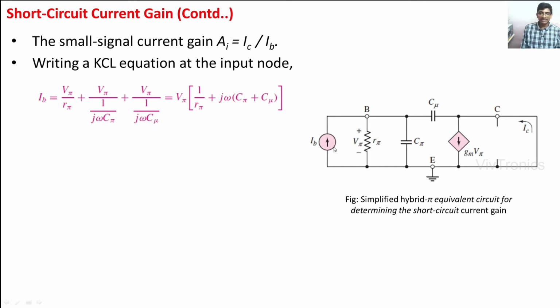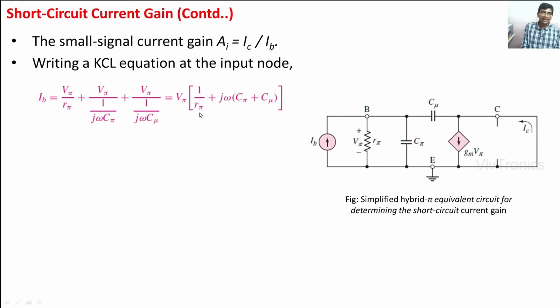So IB equals V pi divided by R pi, plus V pi divided by the reactance of the capacitance, which is 1 by j omega C pi, plus the current flowing in C mu, which is V pi divided by the reactance of C mu, 1 by j omega C mu. In this equation we take V pi common.